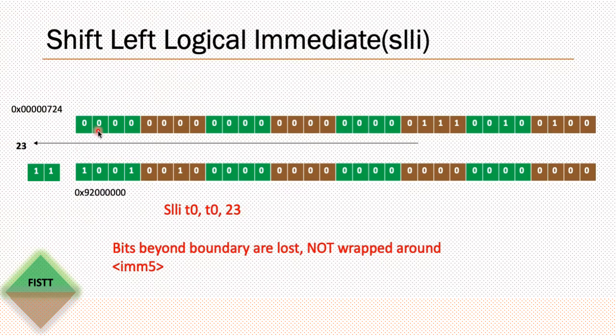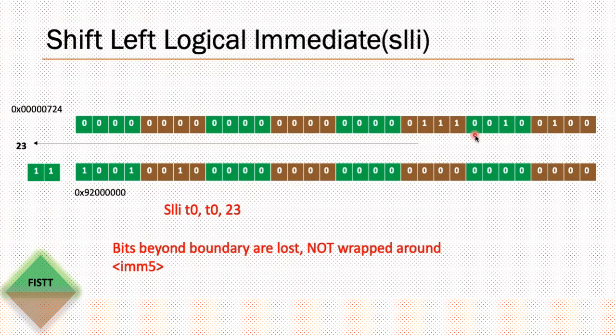Here, just as an example, let's say that we have valid values which get shifted beyond the boundary. What happens? We have this one here. If we do a logical left shift by 23 bit positions, it comes all the way up here, but this is a boundary, so this will get eliminated.